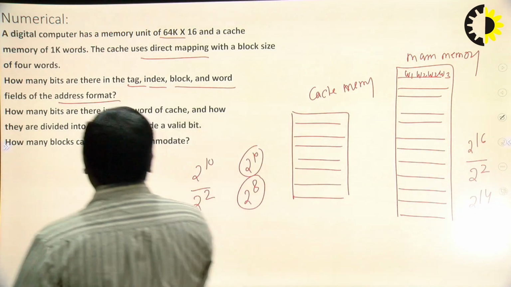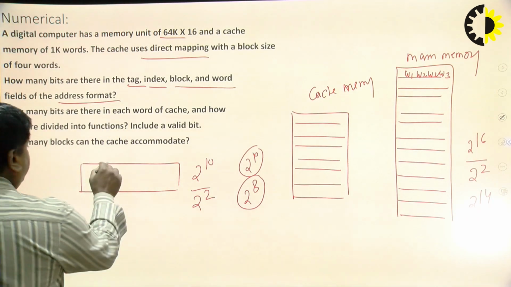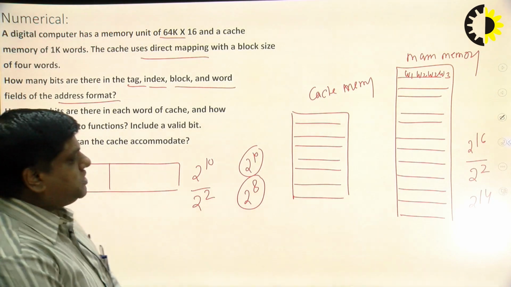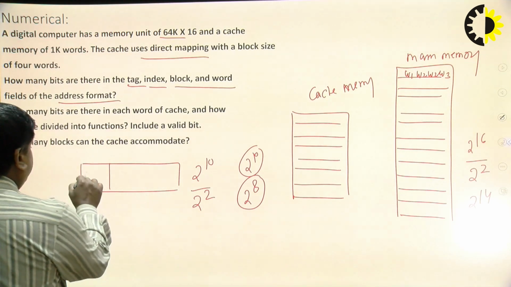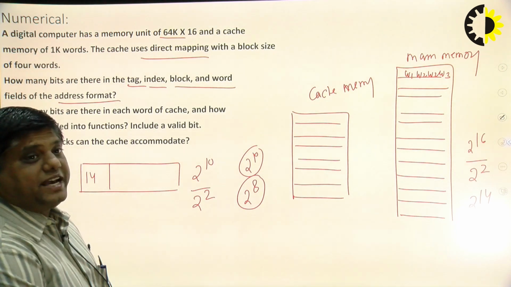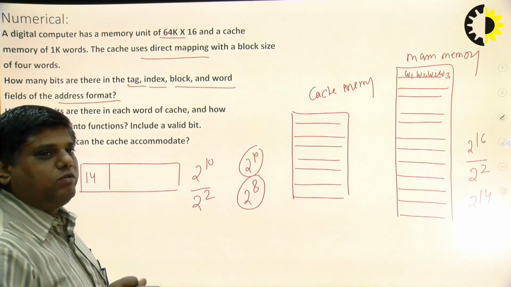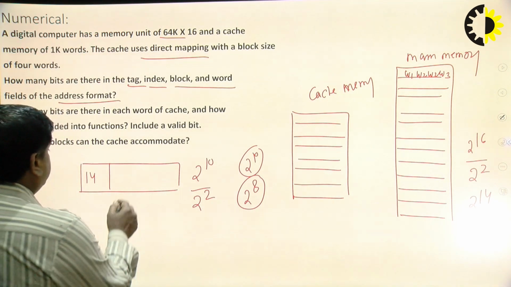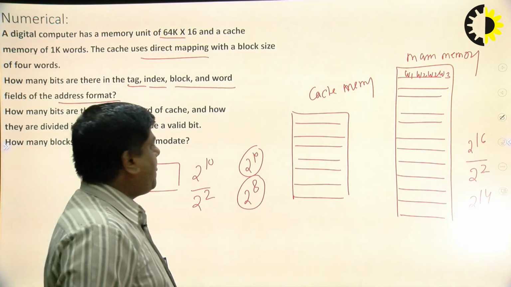Then what is the format of the address in the main memory? How many blocks are available in the main memory? That is 2 to power 14. It means 14 bits are required. And what is the size of the word offset? Again, in each block 4 words are consumed, so 2 bits are required.